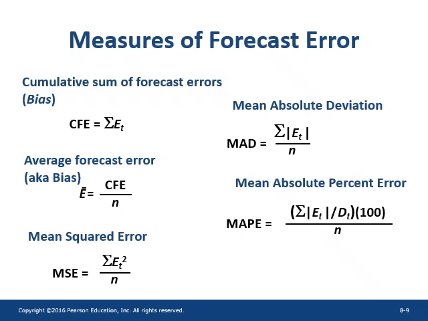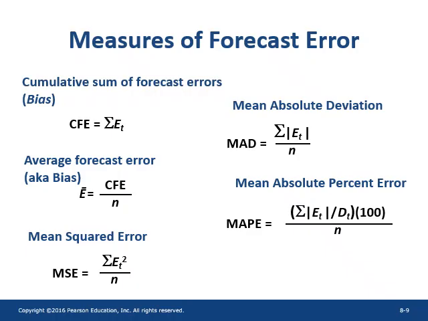It's just something we know about the technique. But if we find over time that the CFE is large or getting larger, then if it's large in a positive way, we know that typically F sub t is less than D sub t. So we're consistently underestimating demand. And if we see that, we know we're doing something all the time, then we can correct for it.